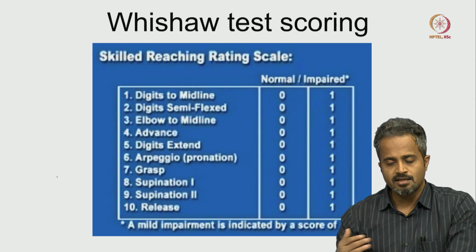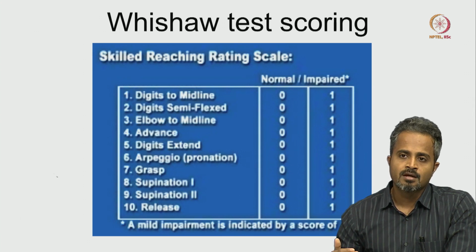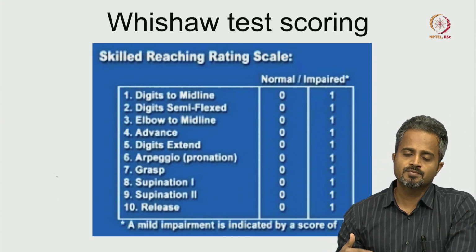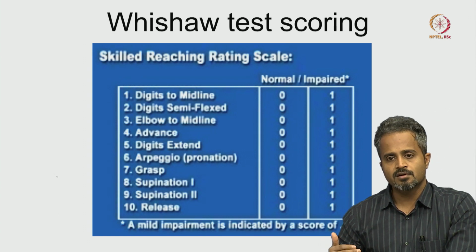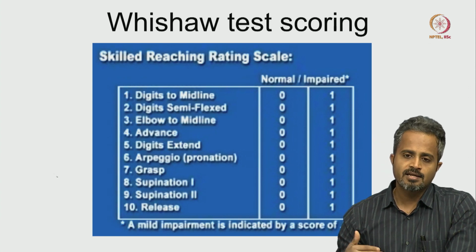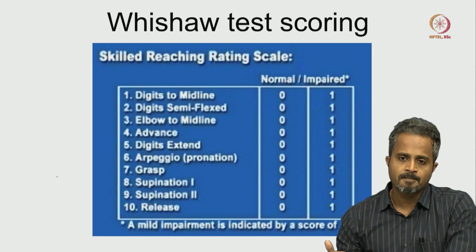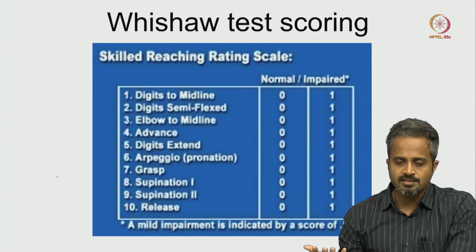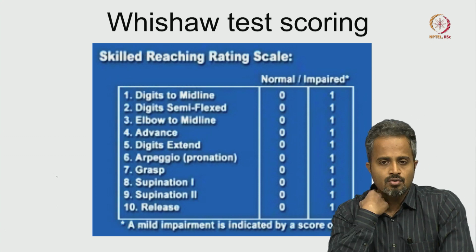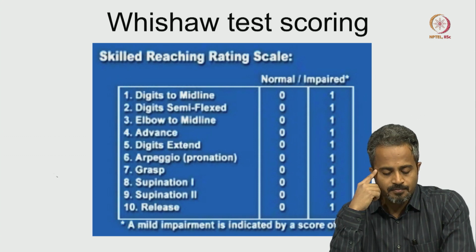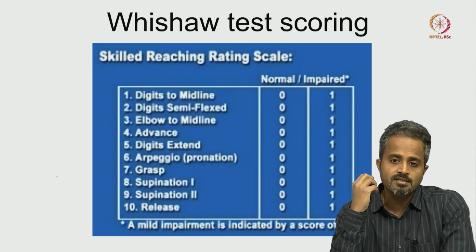So for any task, you need to have some sort of objective rating or objective observation of the behavior that you are going to use to validate your experimental setup. That is the whole point of why I am going into so much detail about how you would observe the behavioral test.